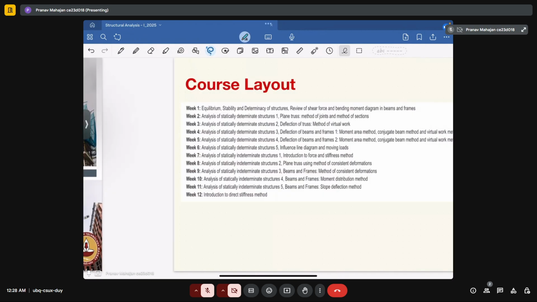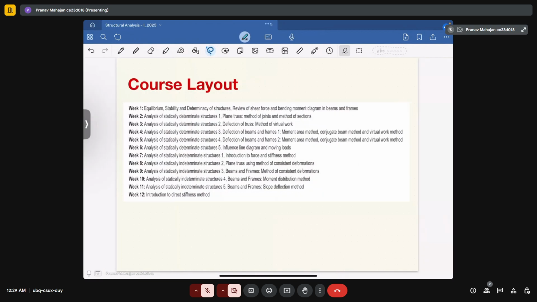So let me remind you what you have covered in the last 11 weeks. We started with analysis of beams for shear force and bending moments. Then, after determining how the shear force and bending moment vary along different sections, with a concentrated load you have seen that the shear force is constant throughout the length of the beam.